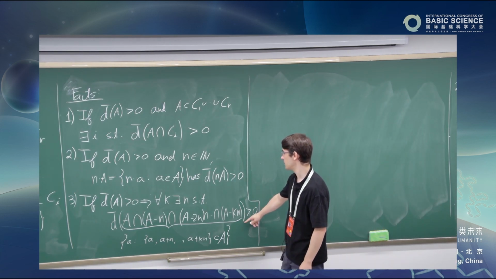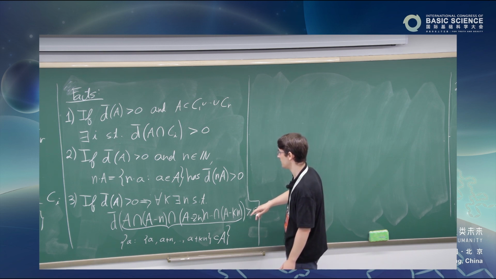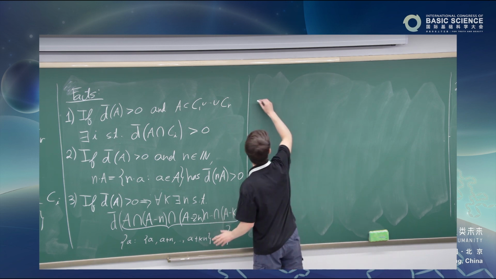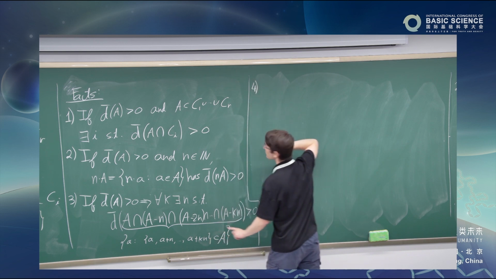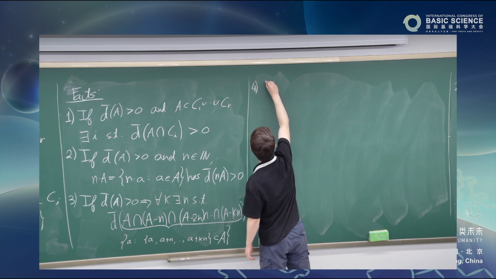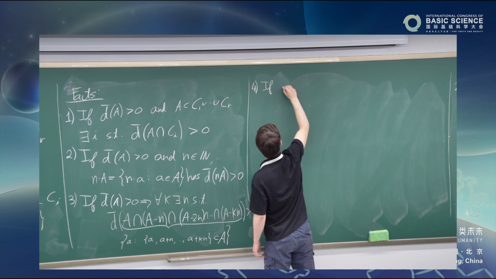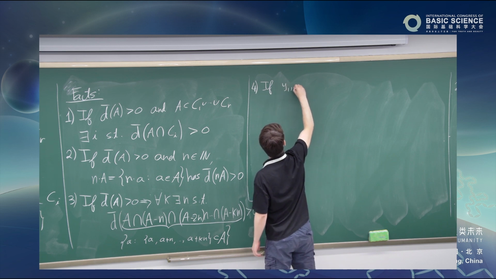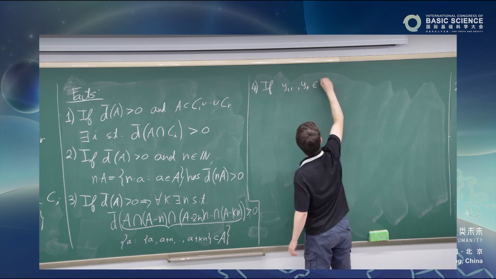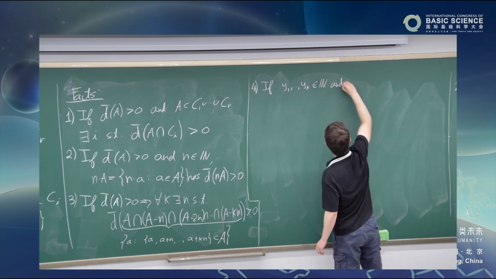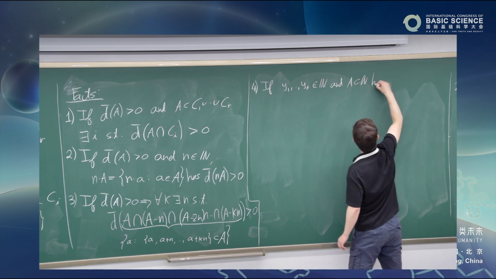Maybe let me write a corollary of this, which is what I will actually use. I think it will make our life easier in a moment. Let's say y1 through yk are natural numbers, and A has positive density.